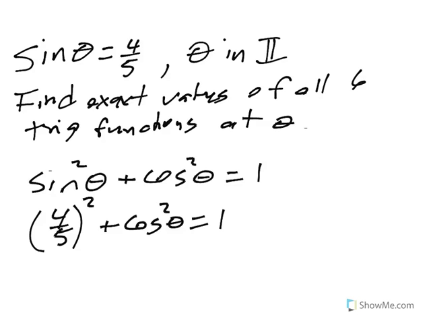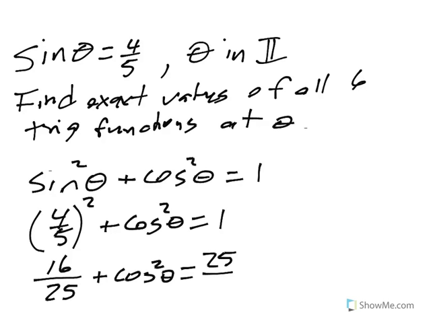And so 4/5 squared, 4 times 4 is 16, 5 times 5 is 25. I can solve this for cosine squared, and 1, because I'm going to move the 16 25ths over, I'm going to call 25 over 25. So that my next step is to subtract 16 25ths from both sides.